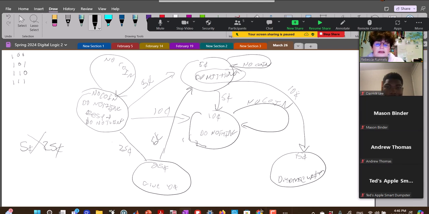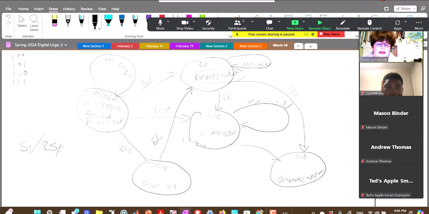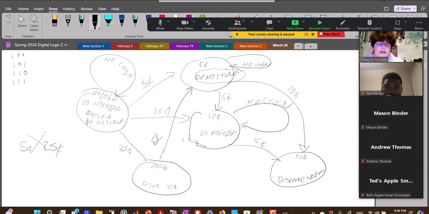All right, and then if I'm at 10 cents and I get no coin, I go back to 10 cents. If I get 5 cents, I go to the 15 cent state. If I get 25 cents, again, I treat that as a don't care. Why wouldn't I have just taken the 25 cents to start off with?